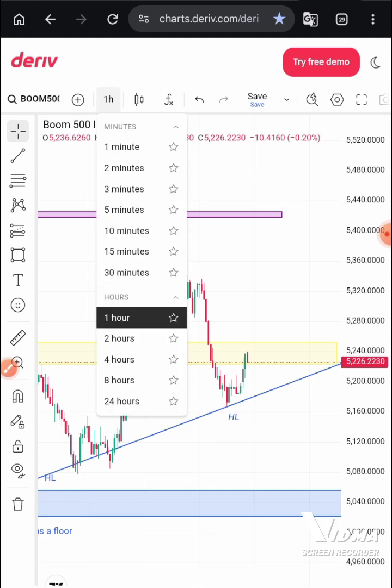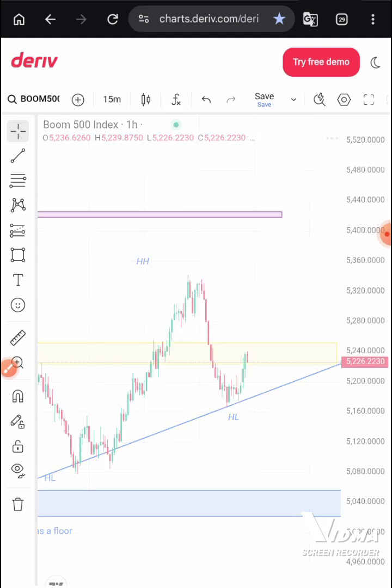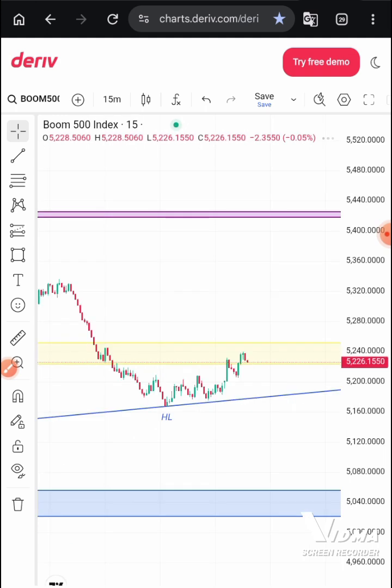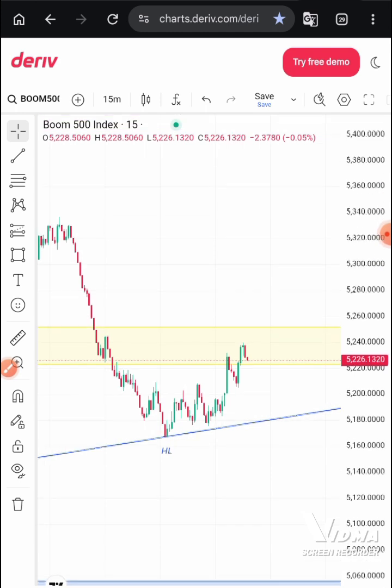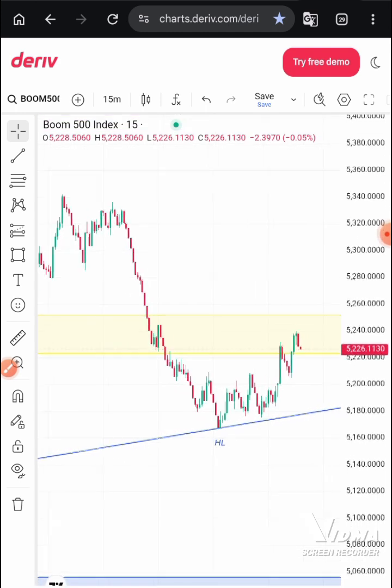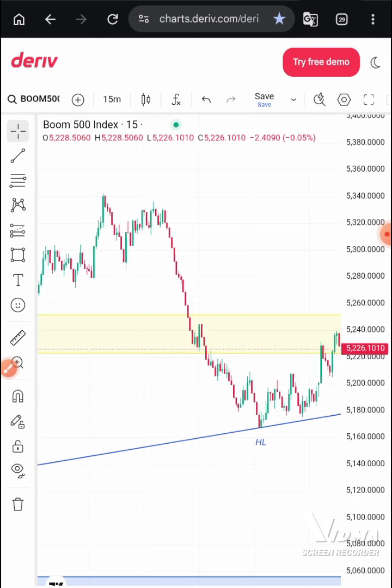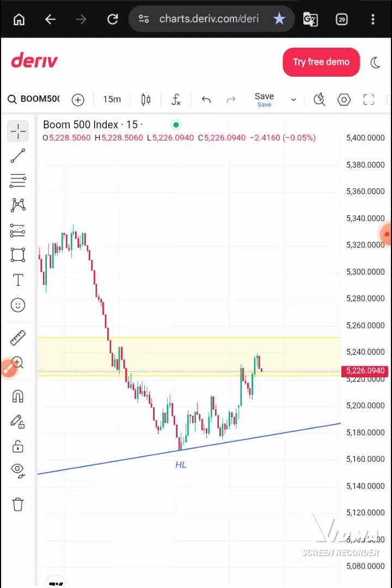Okay, I'm on the wrong time frame because our entry time frame is 15 minutes. So according to 15-minute time frame, this is what is currently playing out. Okay, so what are we watching out for here?